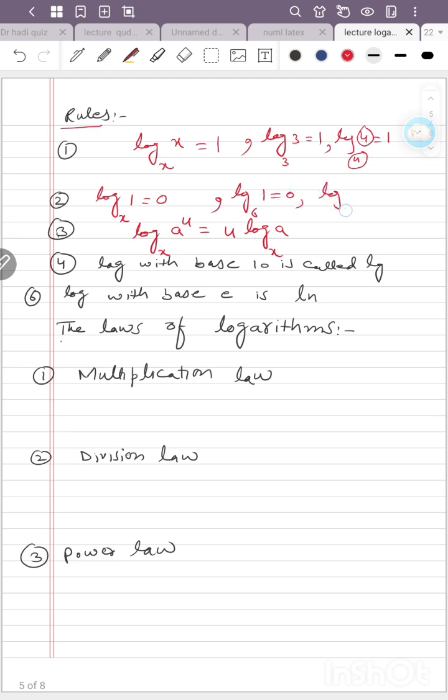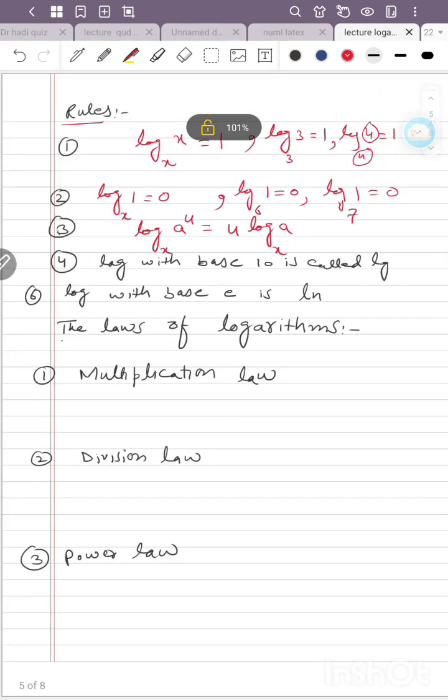If the base is 7 and the argument is 1, it will be 0. Now, these rules we will use most commonly further on.